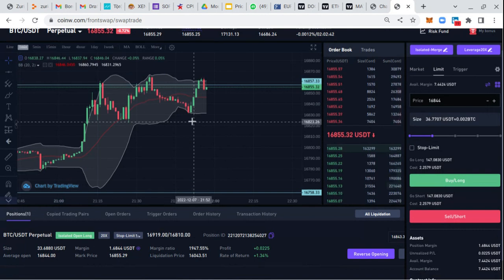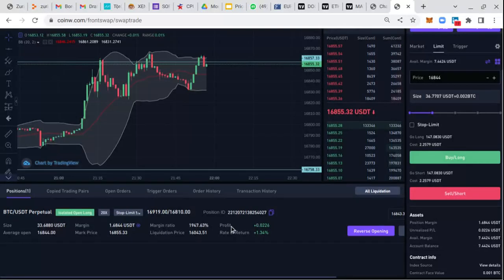So for me not to take risks, I don't like taking risks, so I can just go ahead and adjust my stop loss. Sometimes I just wait for 5%. At my 20x leverage, my transaction fee should be around 3%.